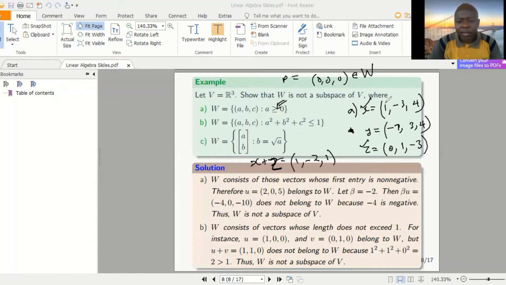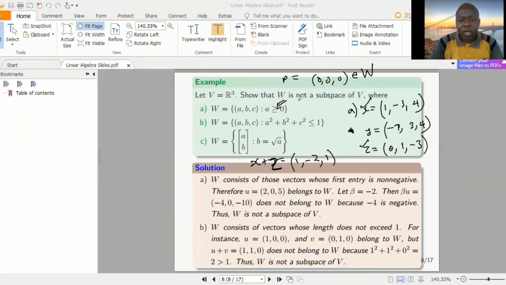This plus that is 1, this plus that is -2, 4 plus that is 1. And I can see the new vector formed is in W because the first element here is greater than 0. So that means X plus Z will be in W. That means this set is closed under addition. The closure property under addition is satisfied.